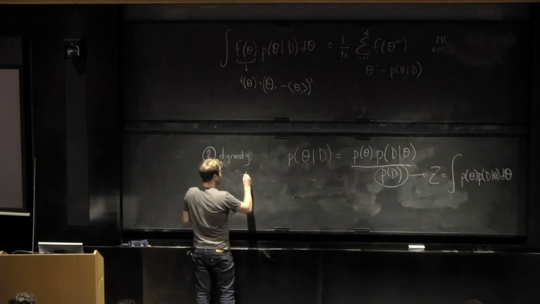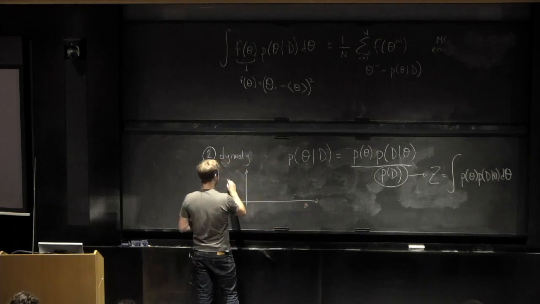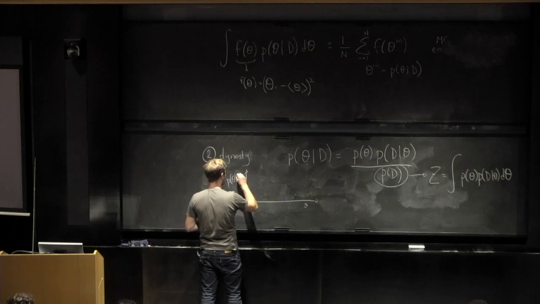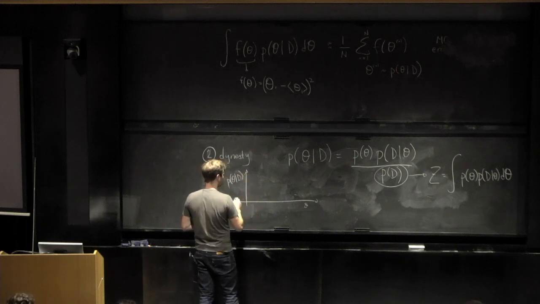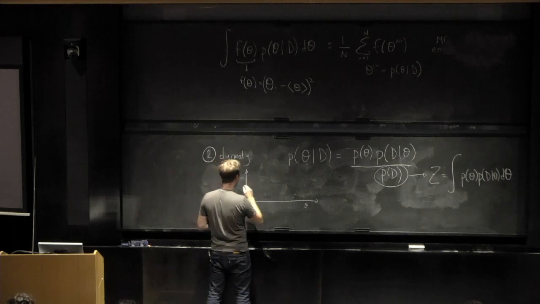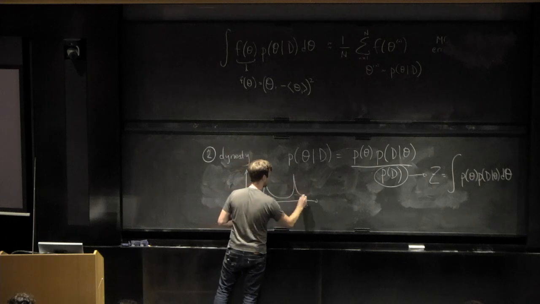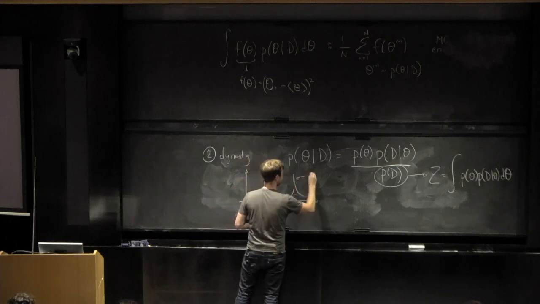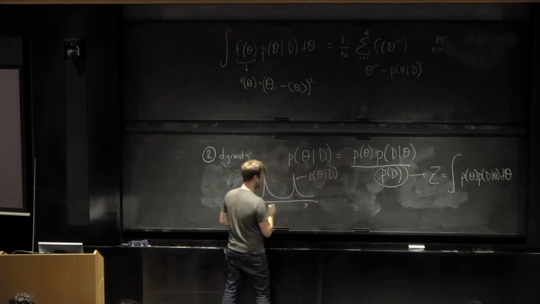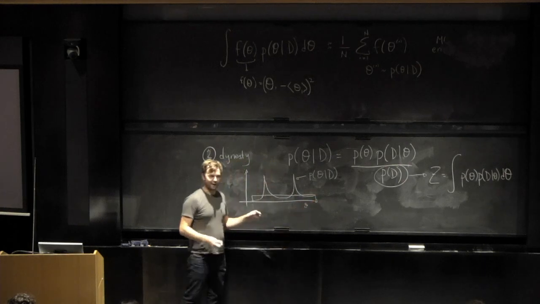And schematically, the way that this works, I'm going to redraw that multimodal posterior. Let's say we have a likelihood function that looks like this. This is the likelihood function. And we have some prior that's like a top hat in some range.